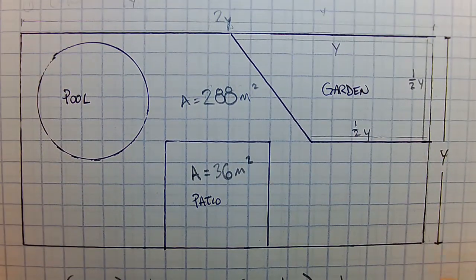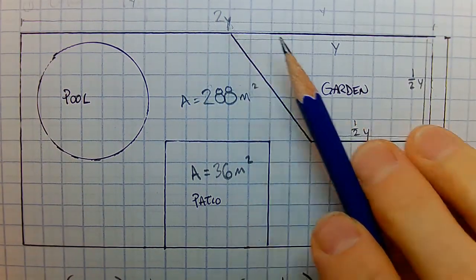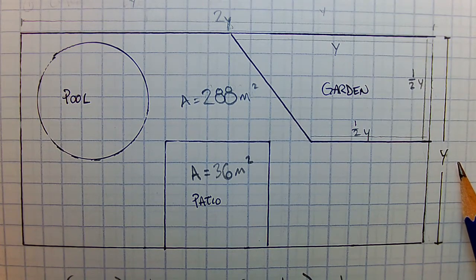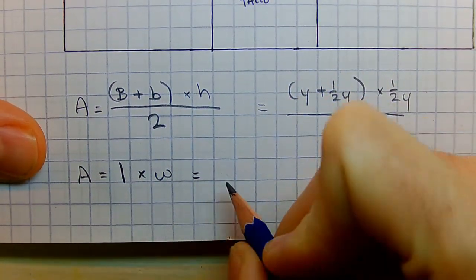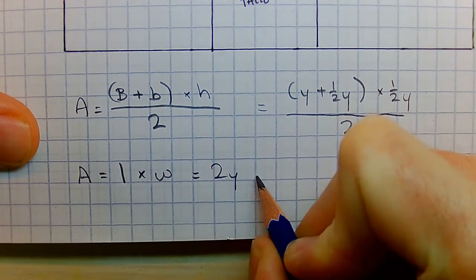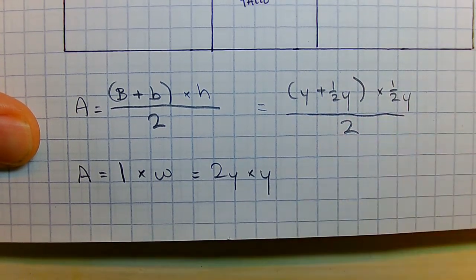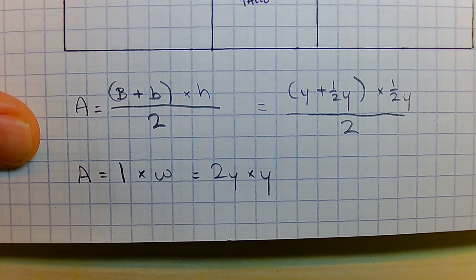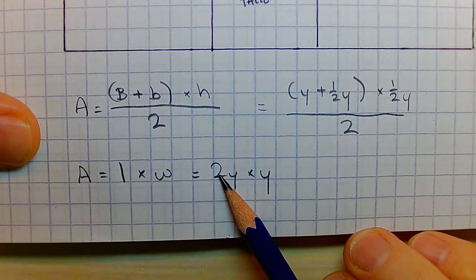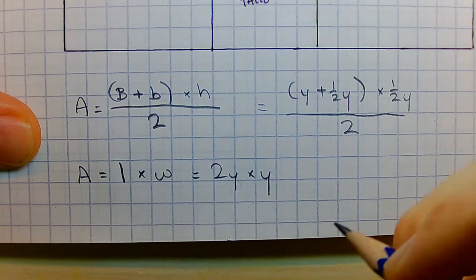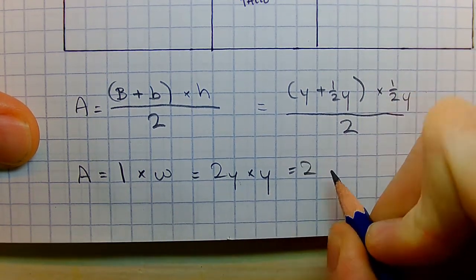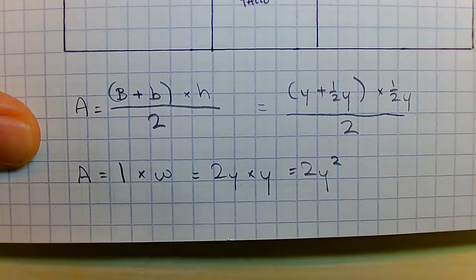From our diagram, we have 2y and y as our length and our width. So we can say the area is equal to 2y times y. If we multiply 2 times y, that's actually equal to 2y squared.